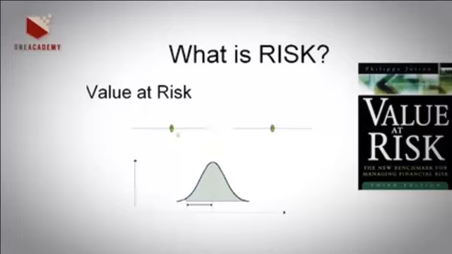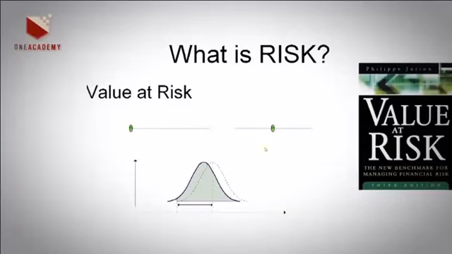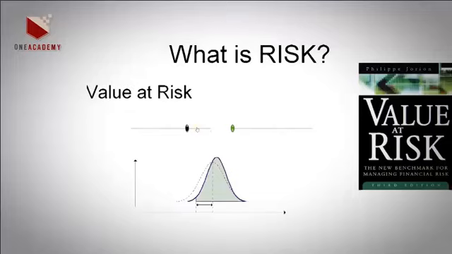Okay, case number 1. We have minimum possible mean value of the distribution, and we have minimum possible dispersion. Case number 2. We have maximum possible mean value, and we have minimum possible dispersion.